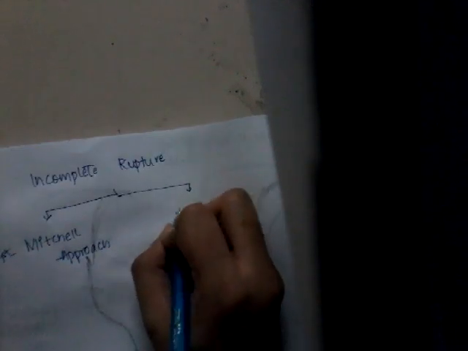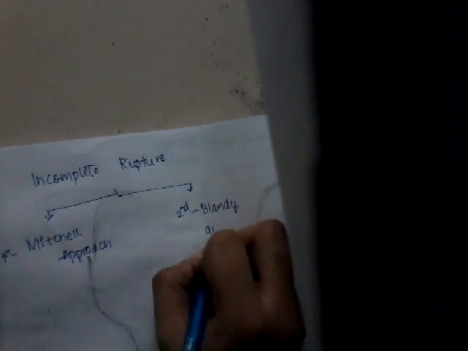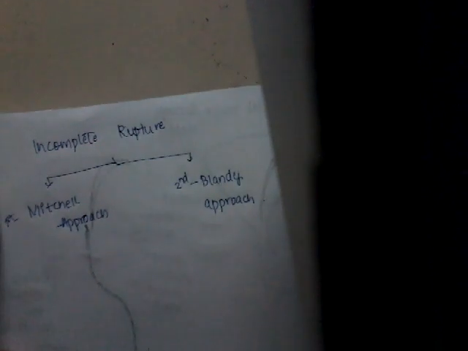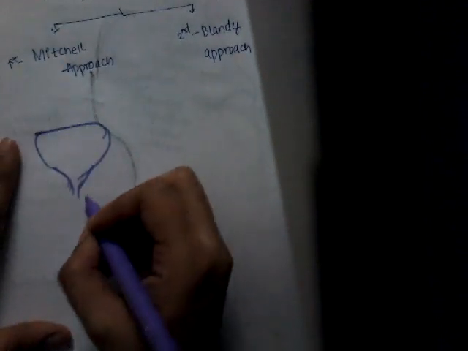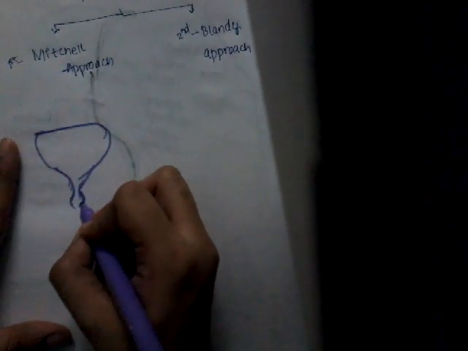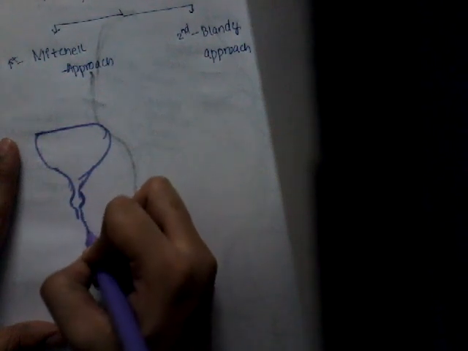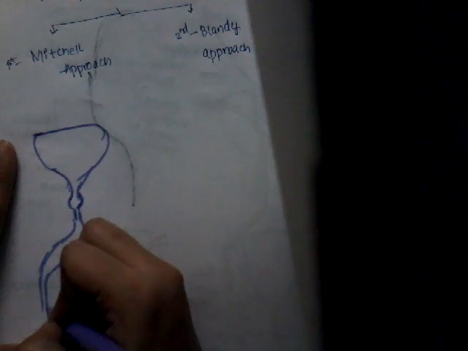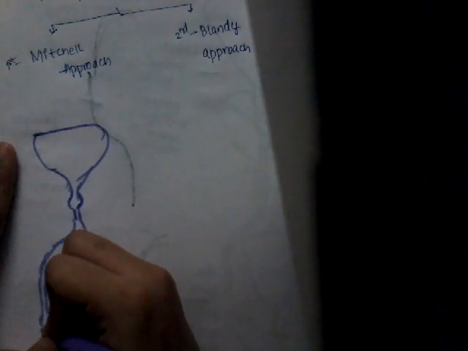Second, Blandy's approach. So what do you do here? This is the bladder, this is the prostatic urethra, then membranous, then bulbar, and then penile.